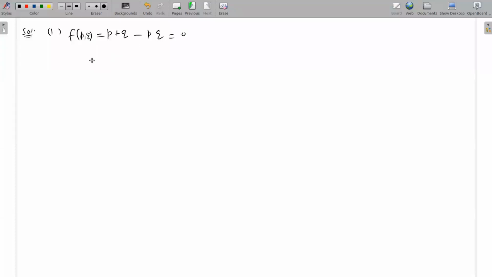So what you got in that case? From Charpit's equations, you got p equals constant. Then from the given PDE, fit p equal to constant and find q.